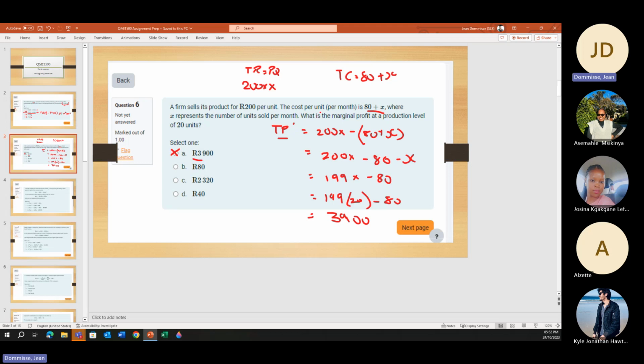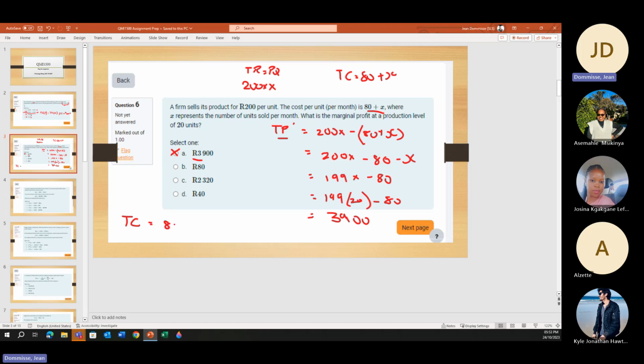The cost per unit is that, where X represents the number of units sold per month. Let's quickly check something else.